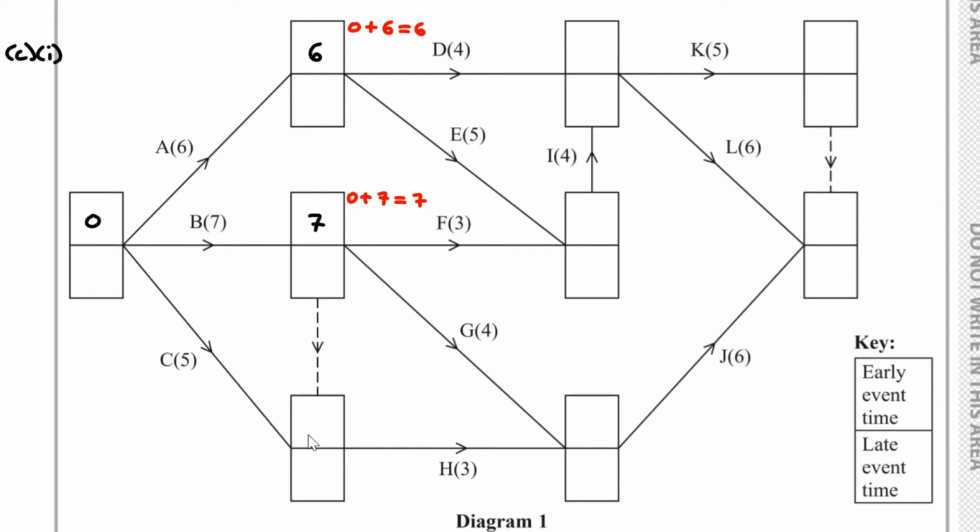Here we have to be careful. We have two options. We either have the 0 plus the 5, which is 5, or we have 7 plus the weight of the dummy, which is 0. So we've got 7 plus 0, which is 7, and what goes into this box is 7.